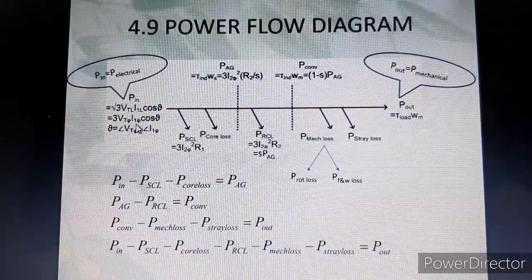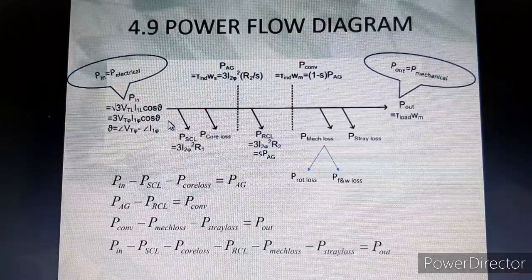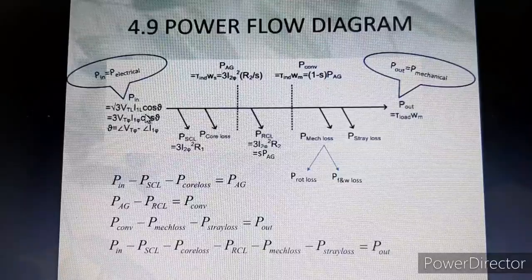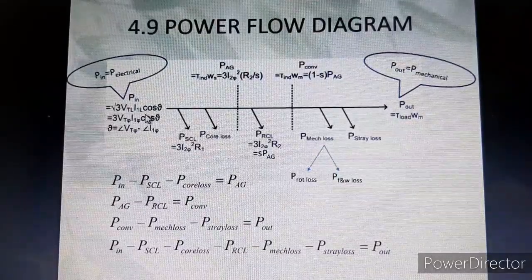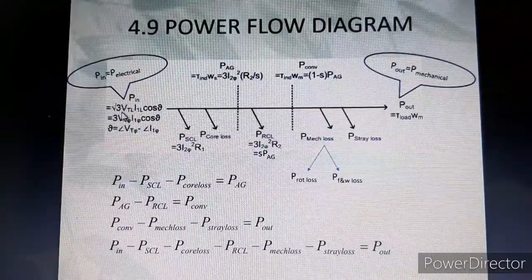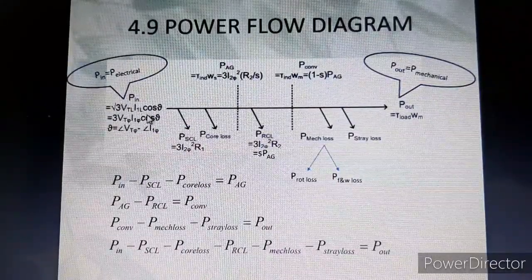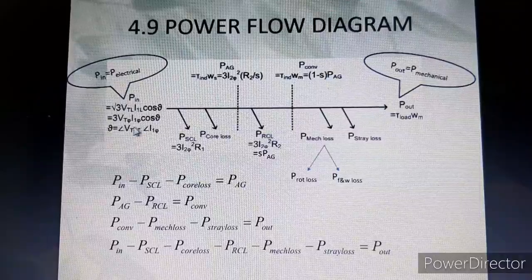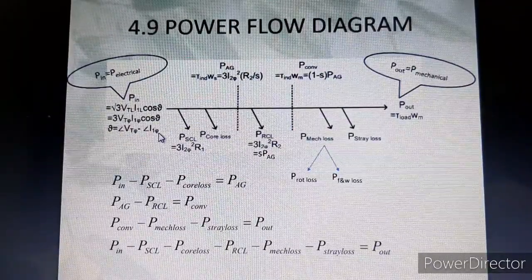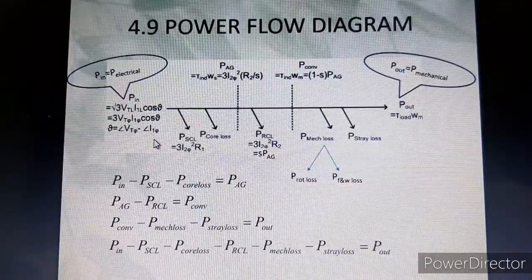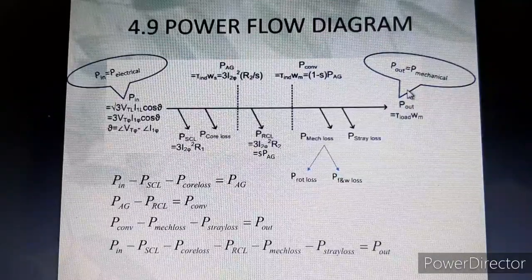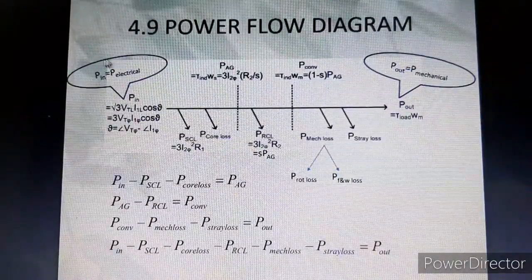Or if you want to use line values, because this is a 3-phase machine, you can use either line or phase values. Similar to chapter 1, the formula is square root 3 VT line I1 line cos theta. Theta is the angle difference between VT phase and I1 phase. That is the formula for your electrical input.